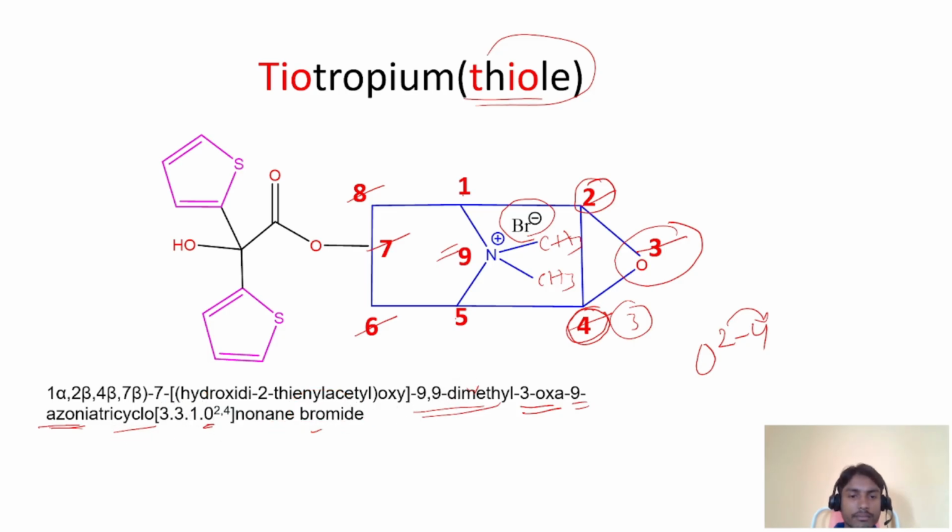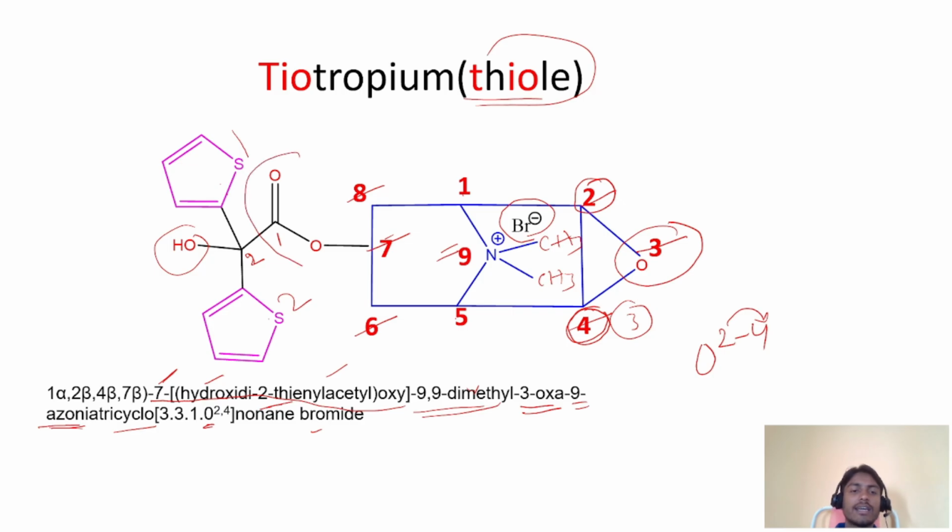Now here, at the 7th position, what is there? A hydroxy group is there. Then 2-thienyl acetyl: at the second position, a thienyl group is there.